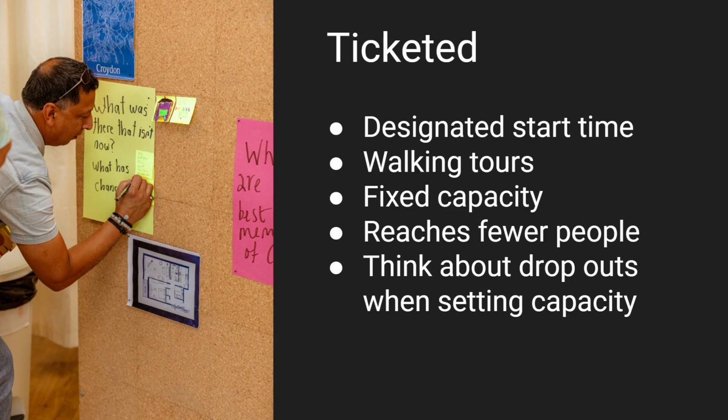So think about that when setting your capacity, your max number of places. You might want to think about potentially booking 50% more places than you could manage. If you're a bit wary of that, maybe 25, 30, but we'd always recommend offering at least slightly more capacity than you can actually manage, because you will get dropouts.